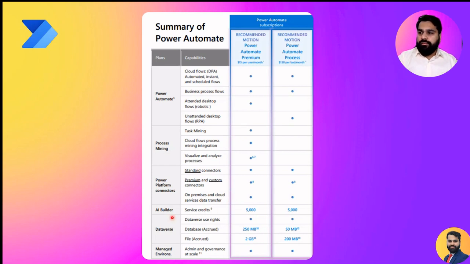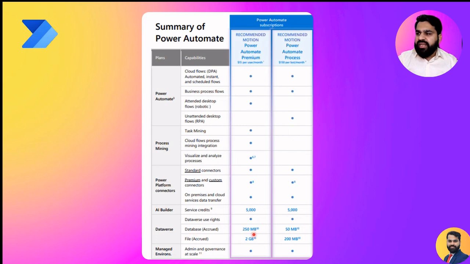Along with this, from the AI builder capacity, not the users basically, this particular per license 5,000 service credits will be allocated to the tenant and the Power Platform environments. From the Dataverse capacity perspective, they have Dataverse use rights, definitely.